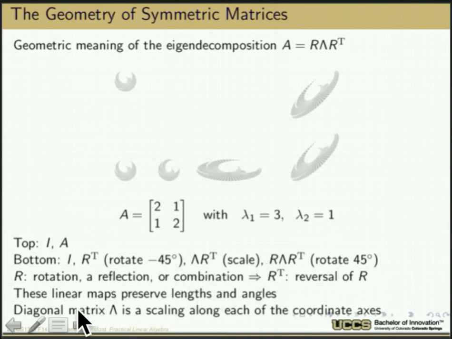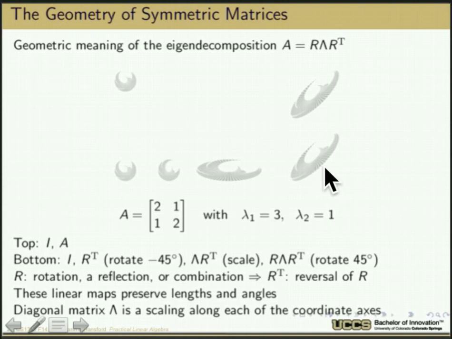And all we have to worry about is the diagonal matrix that's scaling the coordinate axes. So a general symmetric matrix, remember, this was true for any symmetric matrix, is something we can break down into a 3-stage process of rotate, scale along with the eigenvalues, scale along the axes, and then rotate it back.